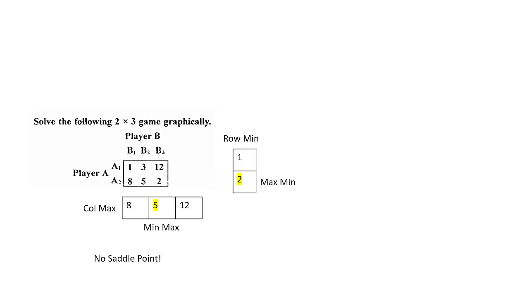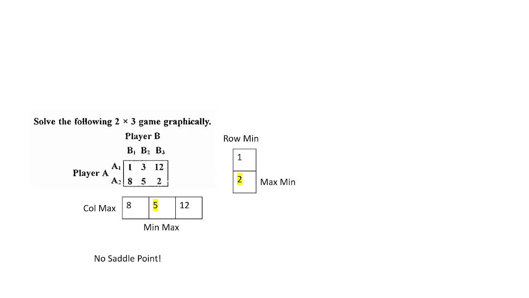Let us check whether it has a saddle point or not. First find row minimum and column maximum. For each of the strategies adopted by A1 and A2, find the minimum value. For the first row it is 1, for the second row it is 2.